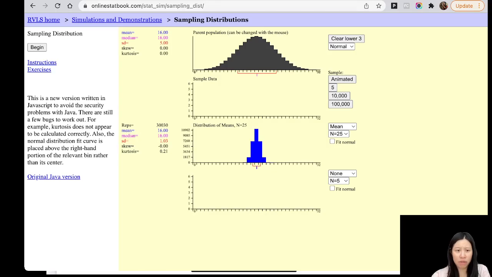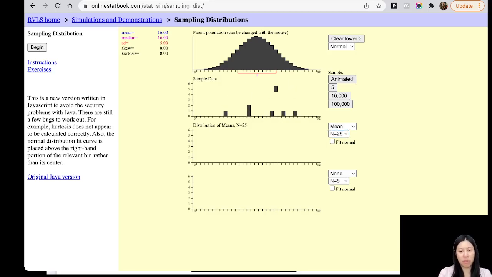On the first graph is the entire population of SPSCC students. Now we're trying to survey 25 students from the entire population. This is our first random sample, and we see the simulation. Some of them are taking 13 credit hours, some 16, some 20, and some just 7.